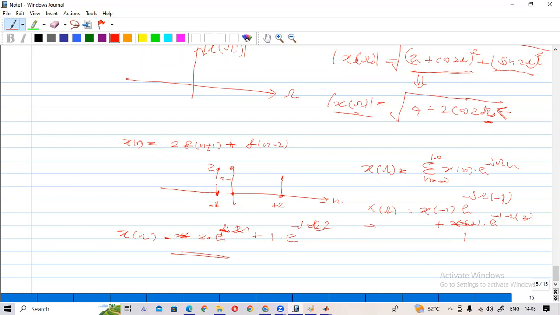So e to the power plus j2 omega and e to the power minus j2 omega give cos 2 omega plus j sine 2 omega and cos 2 omega minus j sine 2 omega.